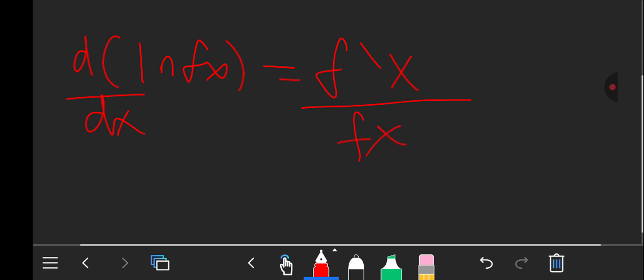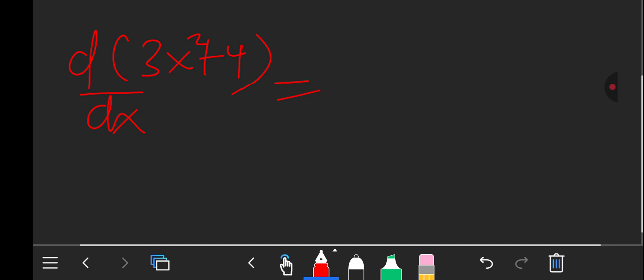Let's have an example. Let's say find the derivative of ln of 3x squared plus 4, with respect to x. You apply the formula.